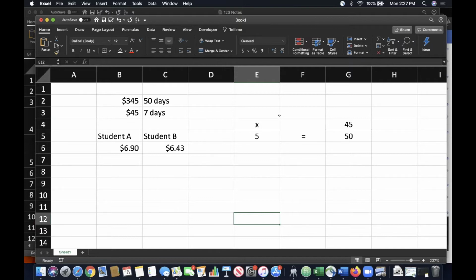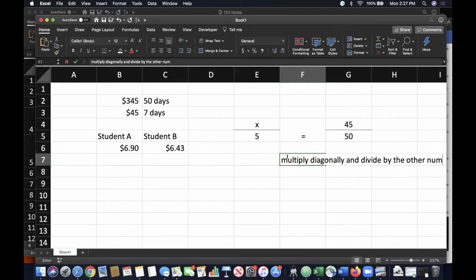So mathematically, if you don't remember how to solve proportions, you can rewrite this and continue on as if this were an algebraic equation, multiply both sides, and I think Becky talks about it like that. But from my perspective, it's just really a two-step process. You multiply diagonally and divide by the other number.